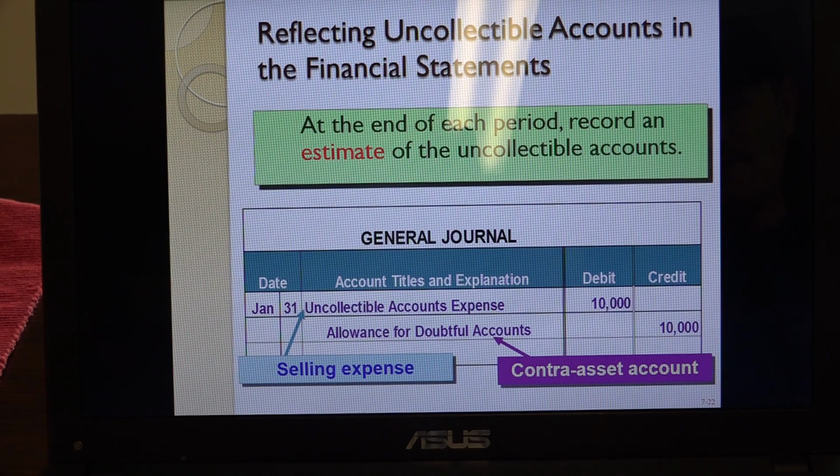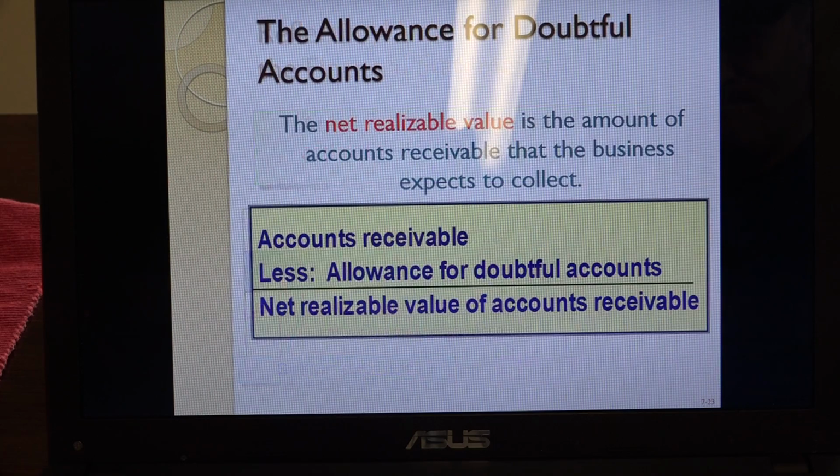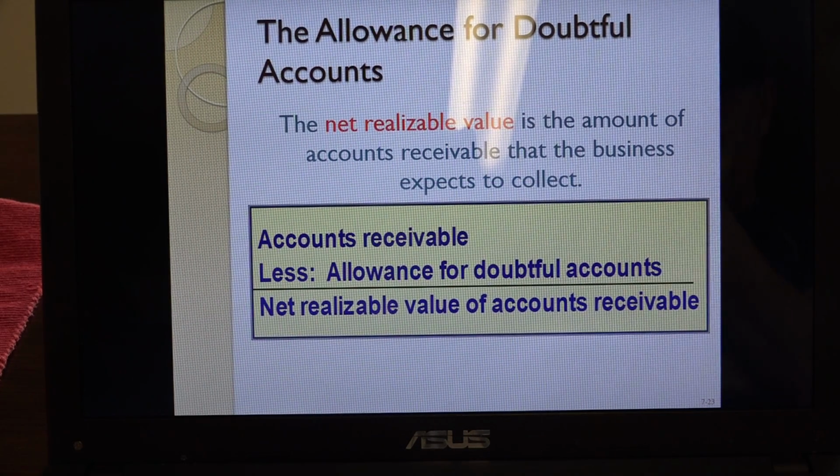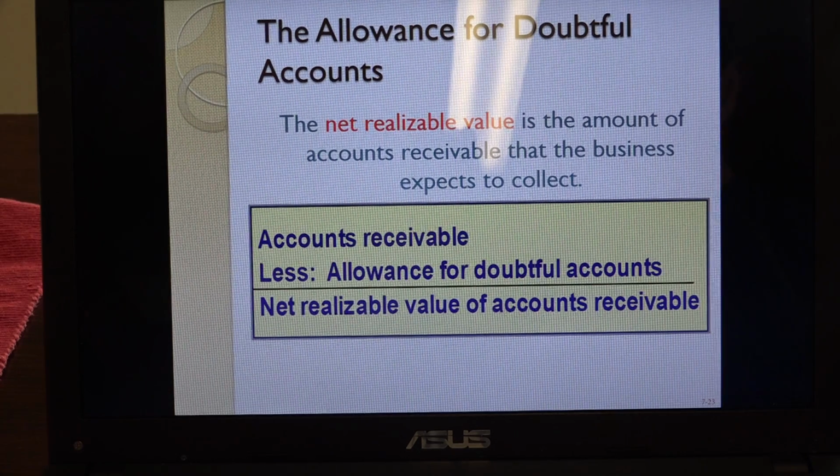So it'll have the gross amount, and then it'll say less allowance for doubtful accounts, and then you'll see the net realizable value, or the book value of the accounts receivable on the balance sheet. And so the net realizable value is the amount of accounts receivable that the business expects to collect.